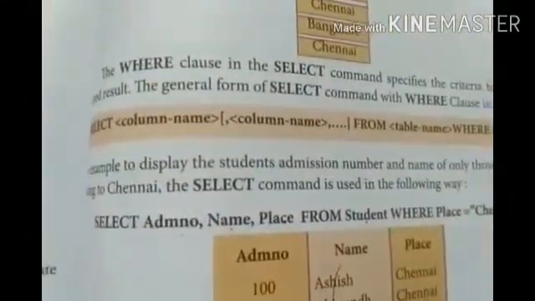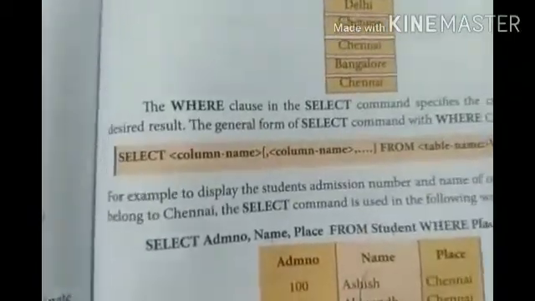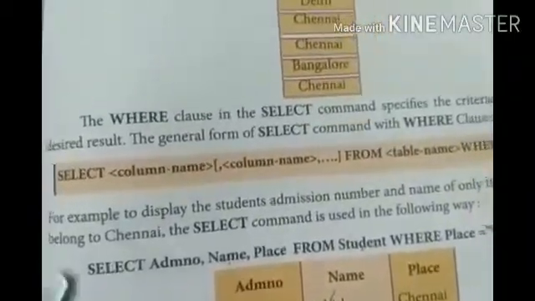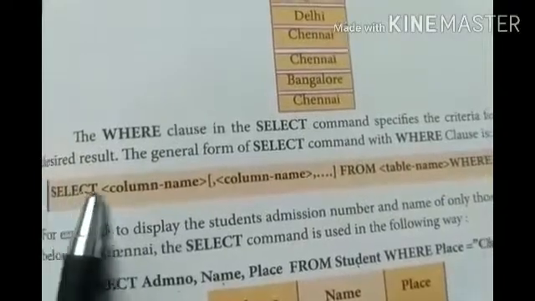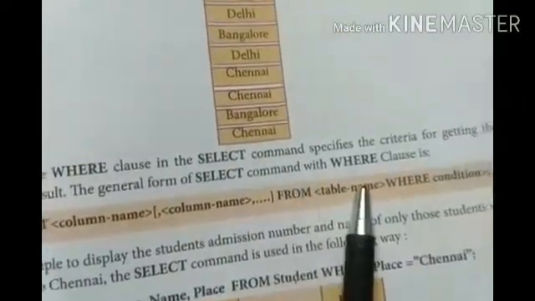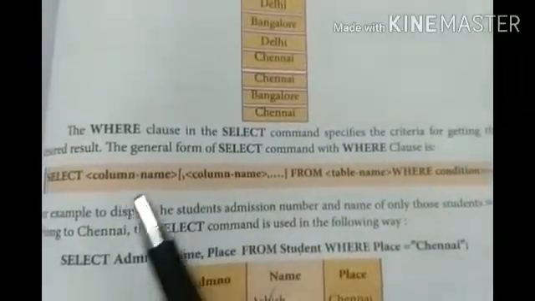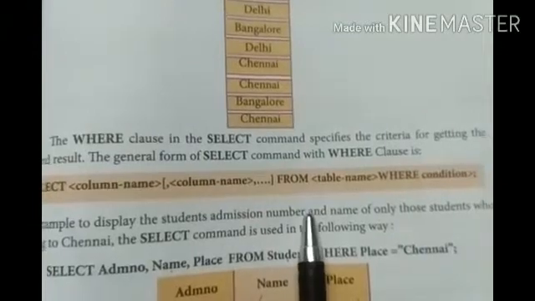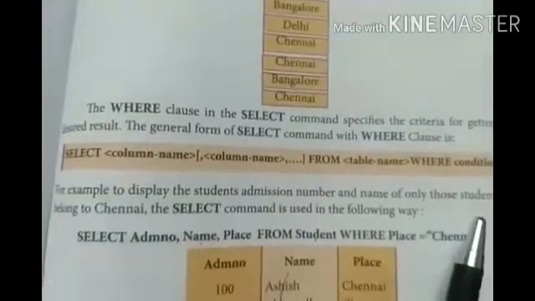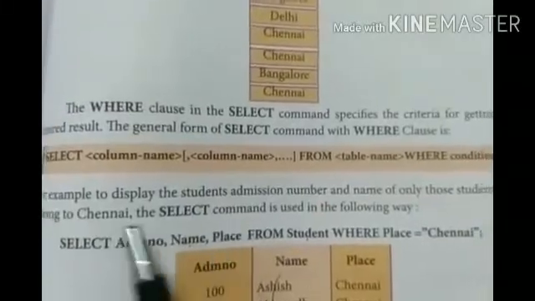Here, the first example: what is the syntax of the WHERE clause, and how does it get executed with the SELECT command? SELECT column name, that is what we want to display, FROM table name WHERE condition. For example, to display the admission number and name of only those students who belong to Chennai.